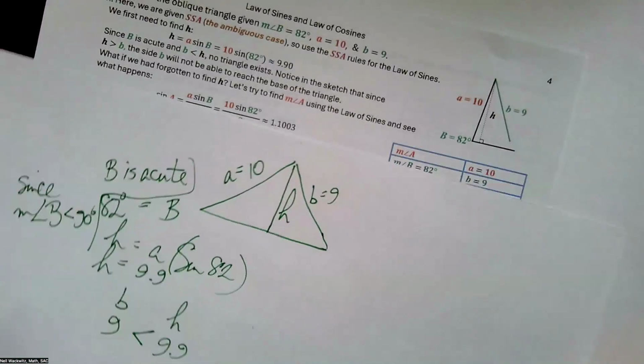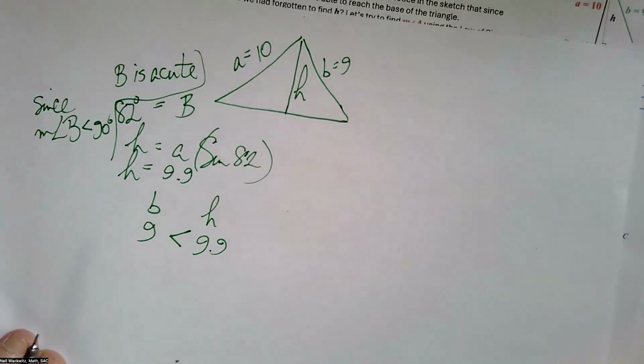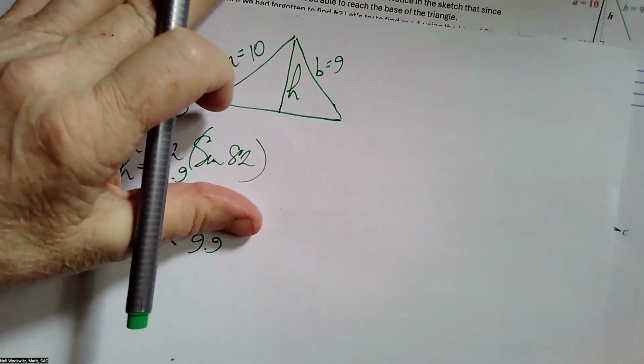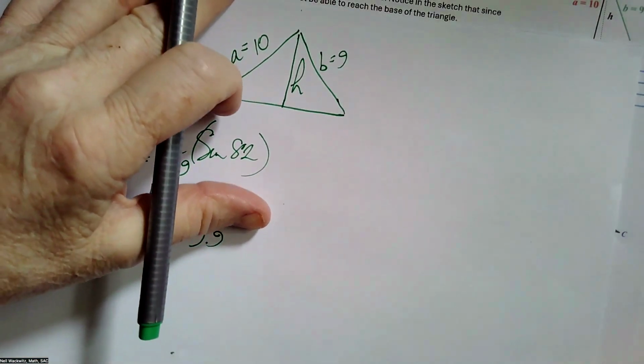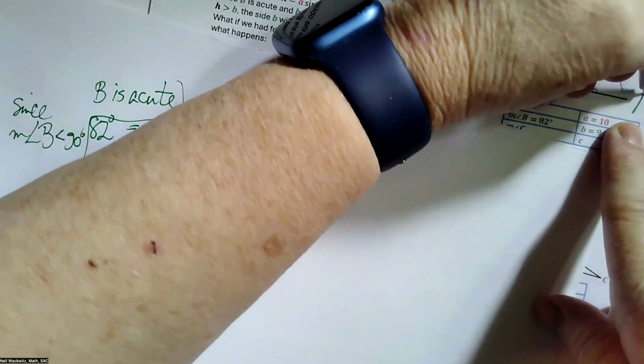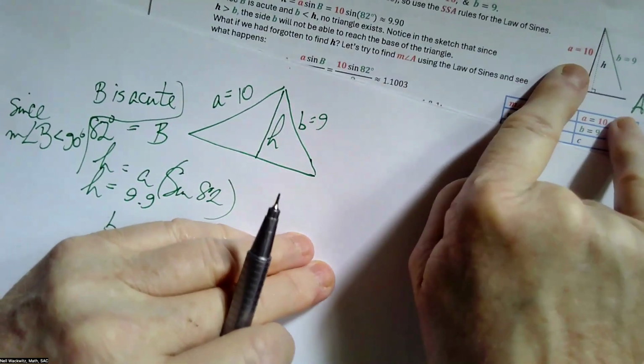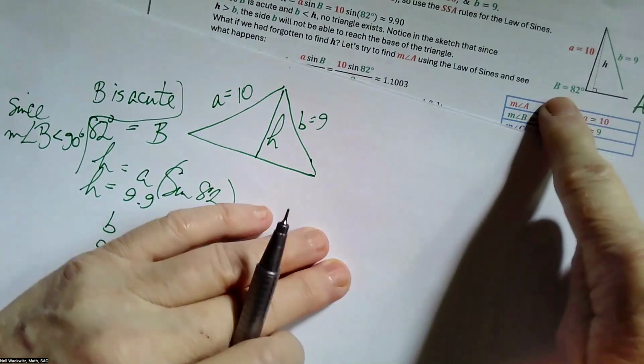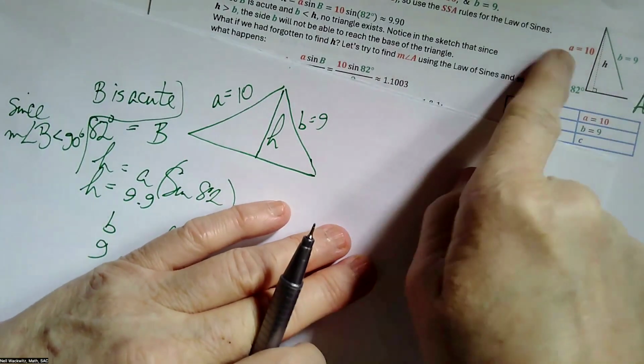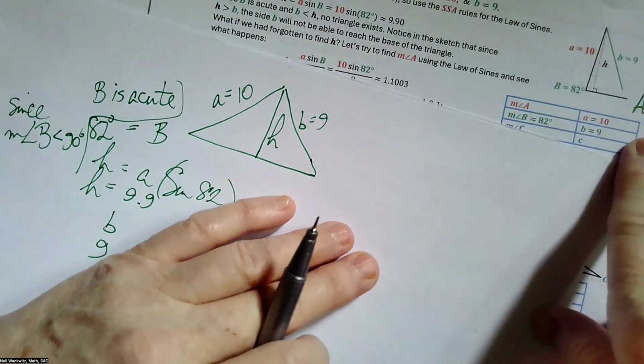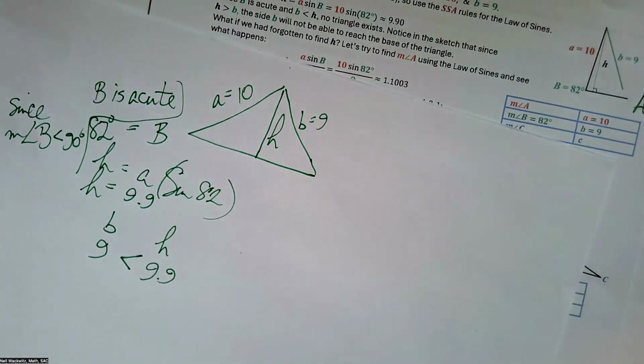So let's say you forgot to do that step and you just wanted to use the law of sines to find angle A, because that would be the one where you're given angle B, side opposite, side A, angle opposite. That's the easiest thing to use.